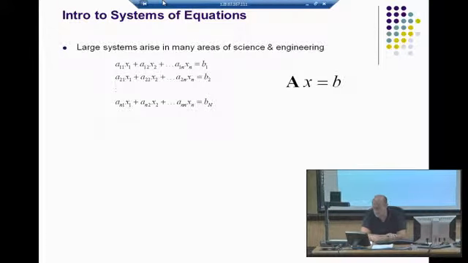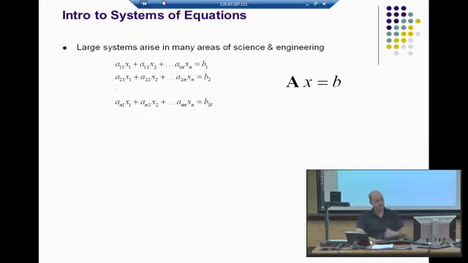It's kind of an extension of what I just did with my matrix vector multiplication, except in the example we just did, I gave you A and X and said, find B. With linear systems of equations, I give you A and B, and I say find X, which is a much harder problem.